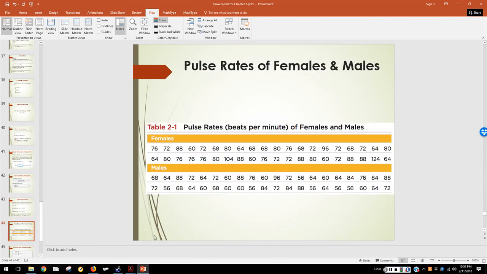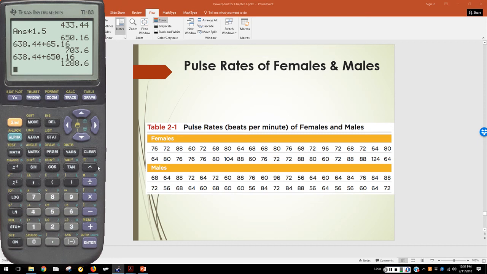And to give you an example, we're going to go back to a data set we explored before, back in section 2, when we looked at the female pulse rates. And those female pulse rates I'm going to put in my calculator. I'm going to go ahead and clear these out all at once in the interest of time.